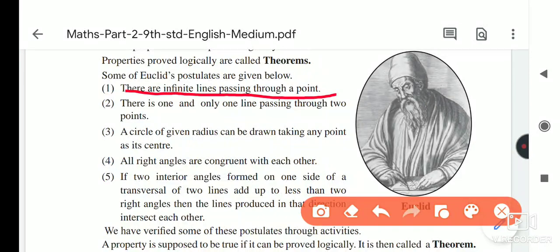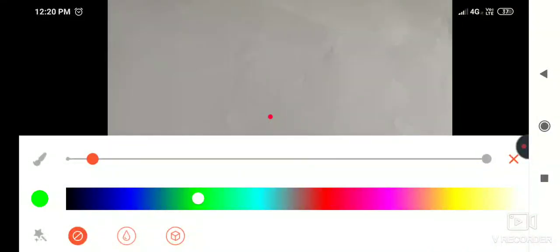Okay, we will see this. In the picture I have drawn a point, and from this point we can draw so many lines. Suppose this is a line passing through this point. If you notice, we can draw innumerable lines passing through a single point.